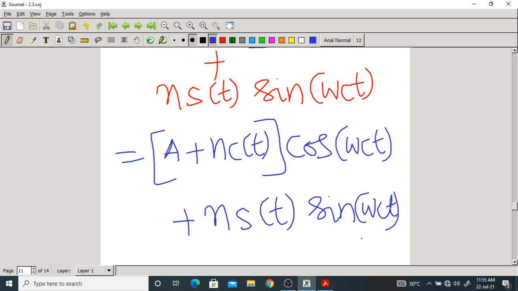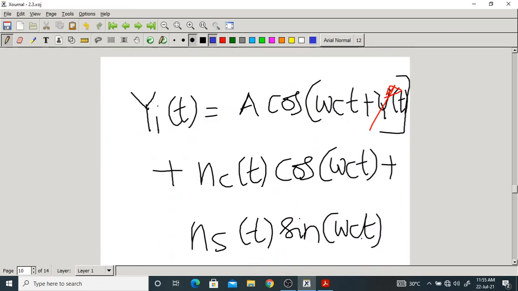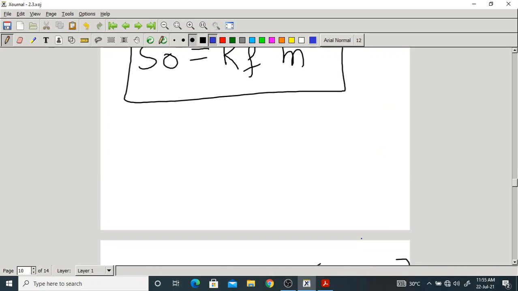See, so you don't get confused. As I told you, you can do separate calculations for message as well as for noise. While calculating the signal component, we assume that noise is 0. While calculating the noise power, assume that message is 0. Am I clear? That is the advantage of being independent.